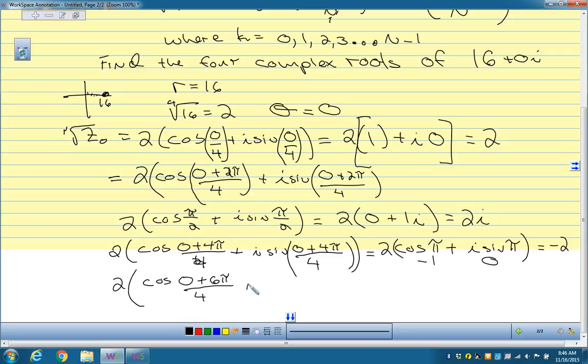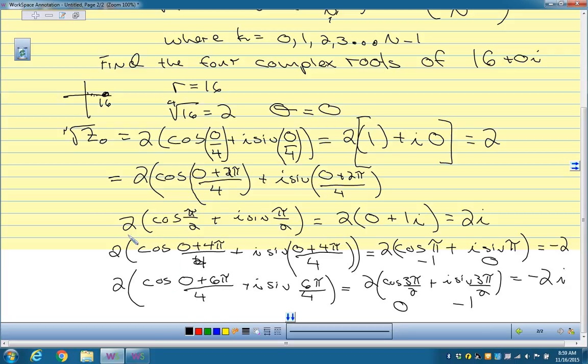Plus i sine of 6 pi divided by 4, which is 2 times cosine of 3 pi over 2 plus i sine of 3 pi over 2. This is 0, right? This is negative 1, right? So you get negative 2i when you're done with it. Follow that?